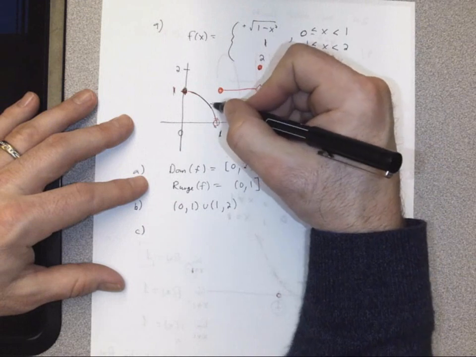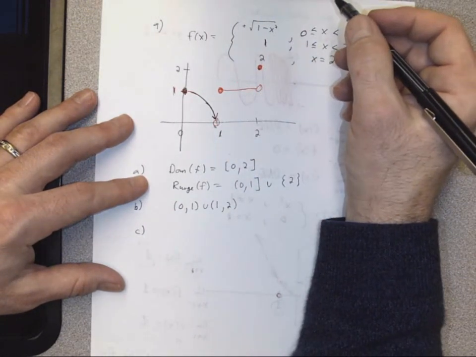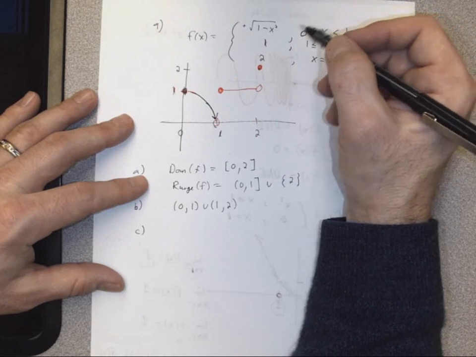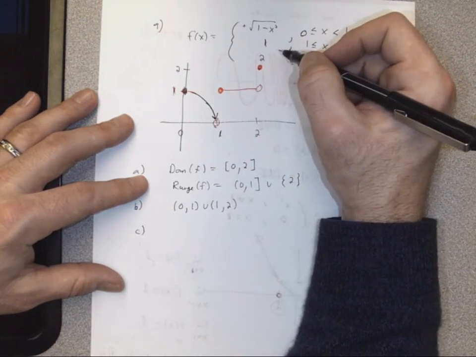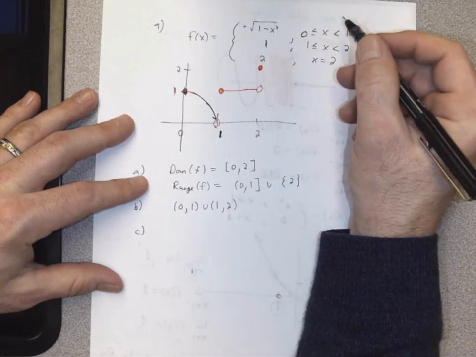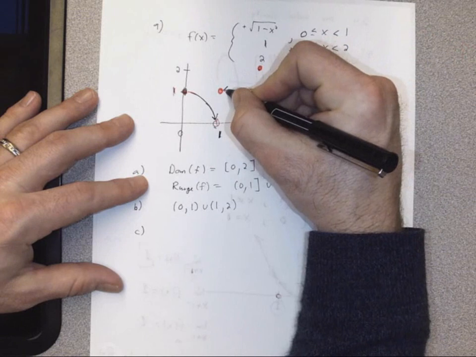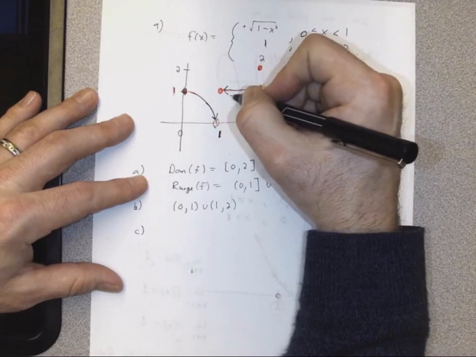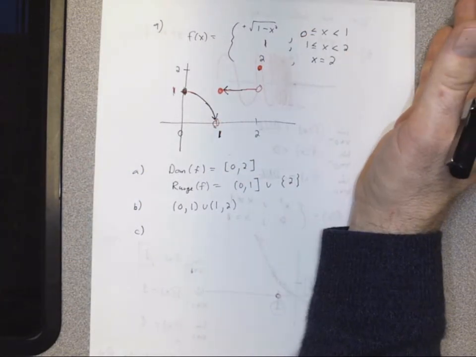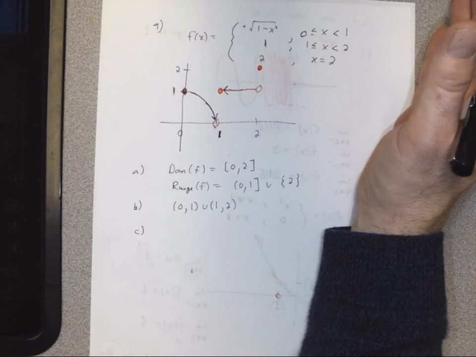You guys agree? So this point, because it jumps, we know that has a left-hand limit, and that left-hand limit is 0, right? Does x equals 1 have a right-hand limit? Yes. What's its right-hand limit? 1. So from the left it's 0, but from the right it's 1. So it does have both limits, right? Doesn't mean they're equal, but it does have a limit from both directions, doesn't it?